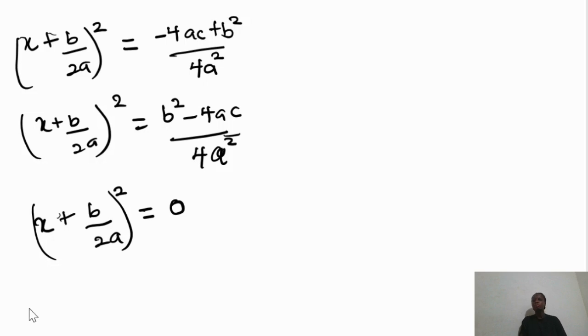Now, from here, we are going to find x. Whatever expression that we get for x is our axis of symmetry. To remove the square, we are going to square root each side. When we square root here, it's going to cancel the square, and the square root of 0 is also 0.